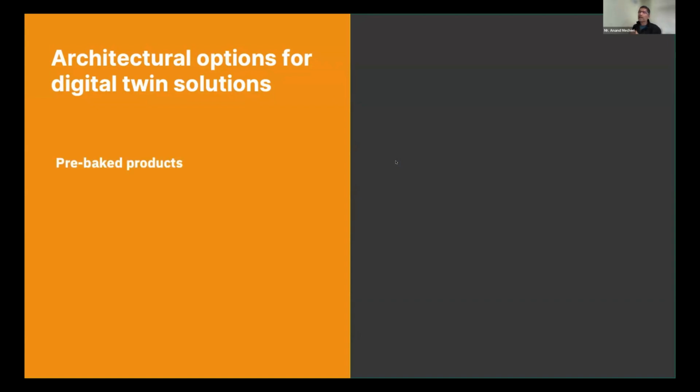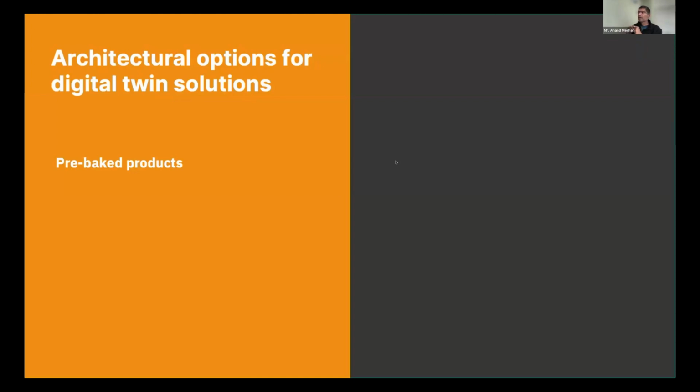So there are three ways of implementing digital twins. One is exactly what problem you want to solve, right? Precisely what problem you want to solve, and you find that there is a commercial off-the-shelf product to do that.